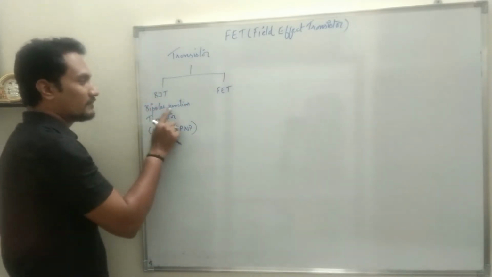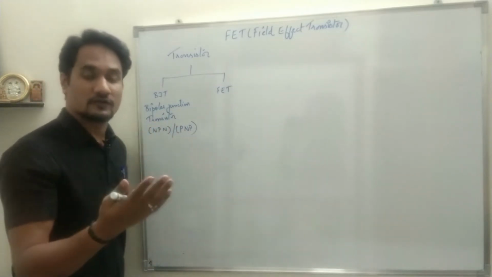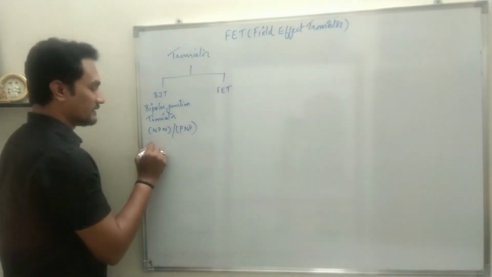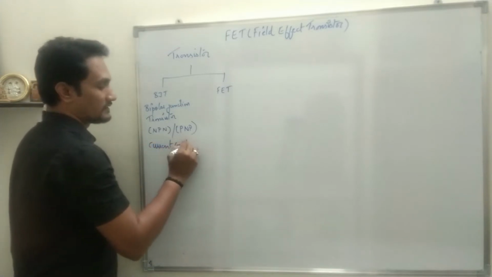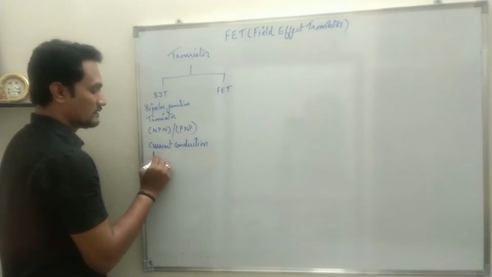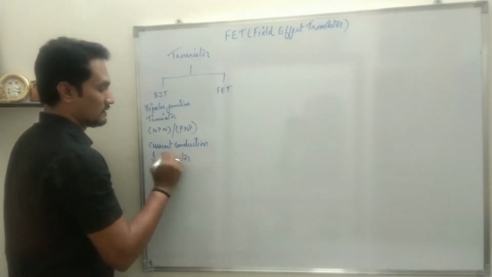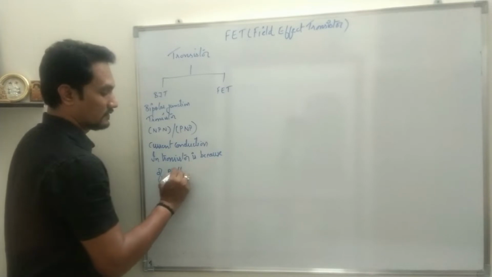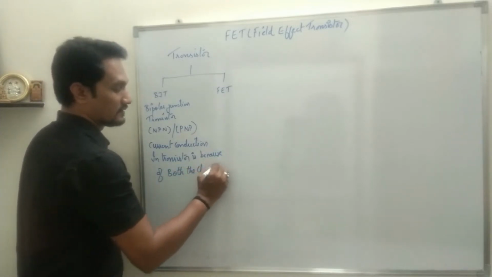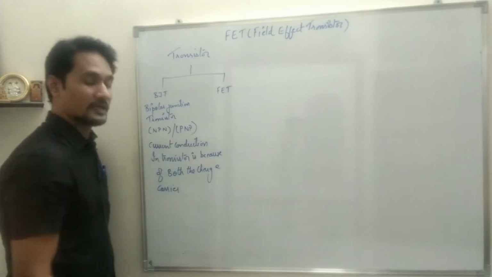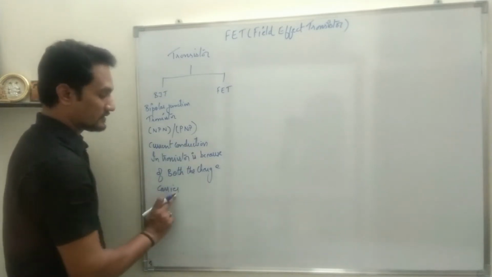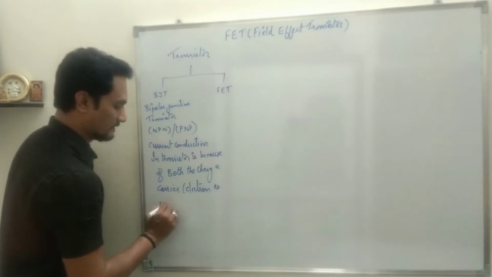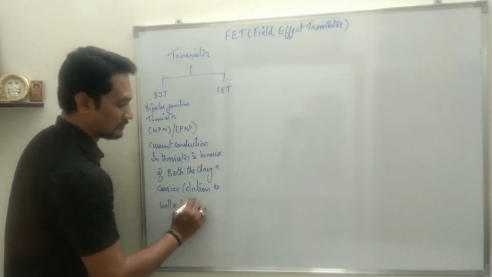Now this is called a bipolar junction transistor because if you recall the working of NPN and PNP transistor, the current conduction in the transistor is because of both the charge carriers, that means electrons as well as holes.